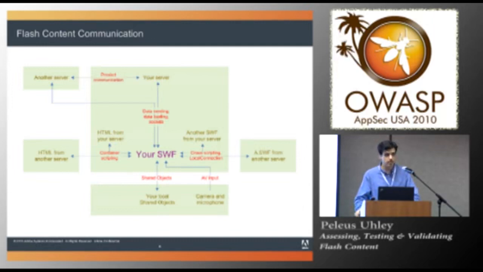It may be storing local shared objects to store game states or what your volume level is at YouTube. And if you're using it for teleconferencing, you can also access the camera and microphone. So there's a lot of things that can go on in the Flash world that might be of interest to the security professional.